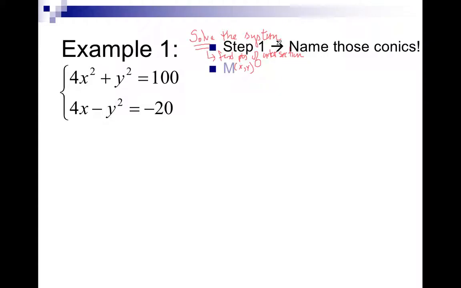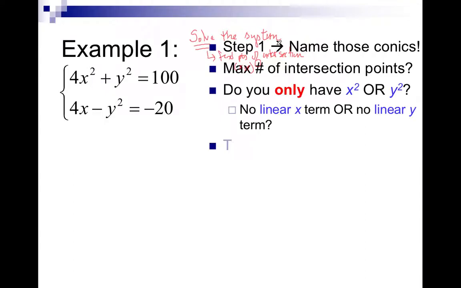Step 1, I generally like to name the conics so I have an idea of how many intersection points I want. Here is the restriction for the add-down method. Do you only have squared terms?